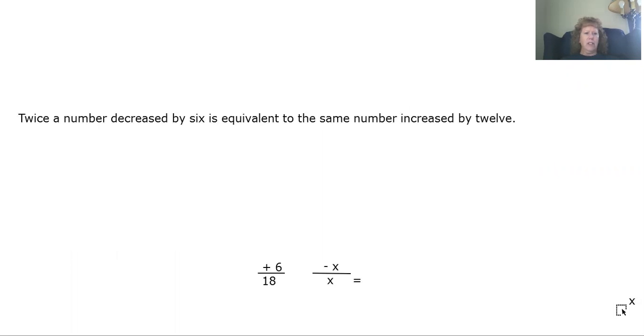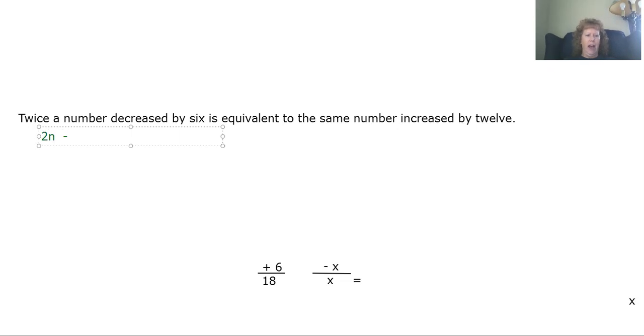Twice a number decreased by 6 is equivalent to the same number increased by 12. So let's write that one out. Twice a number, and if you remember from the video, we said that had to be 2n.